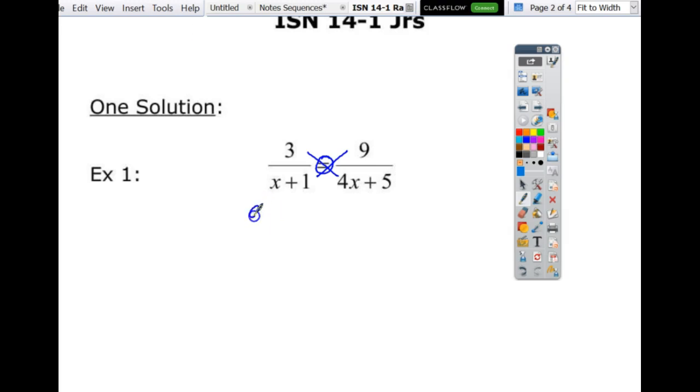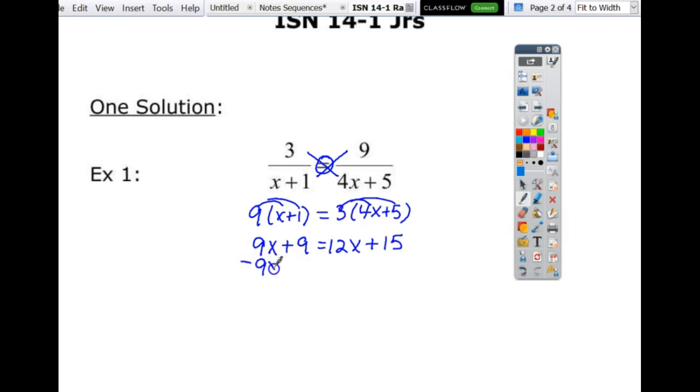So I'm going to take the 9 times the x plus 1, and I'm going to set it equal to the 3 times the 4x plus 5. And once I do that, I'm going to distribute. And solve.